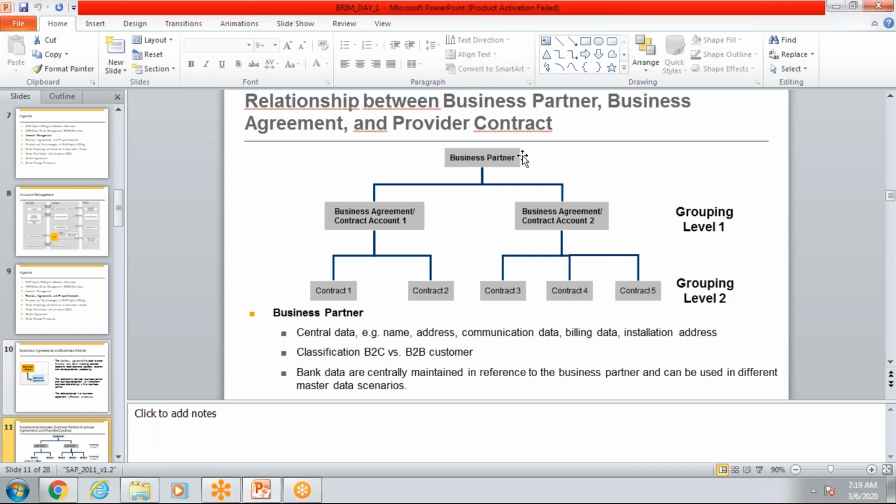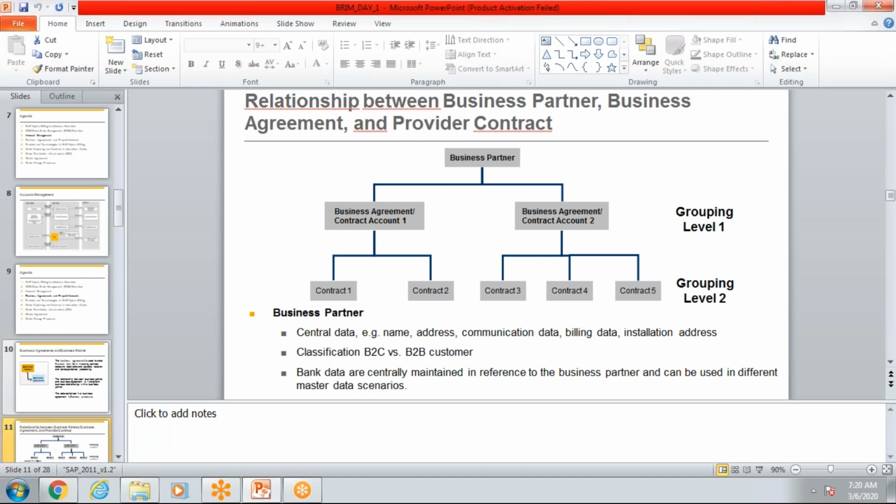I'm one customer. I have 2 business agreements. If IDEA is offering telephone services as well as internet services like broadband services, and I am planning to pay these 2 bills through different accounts. I have 2 accounts, let's say ICICI as well as Axis Bank account.